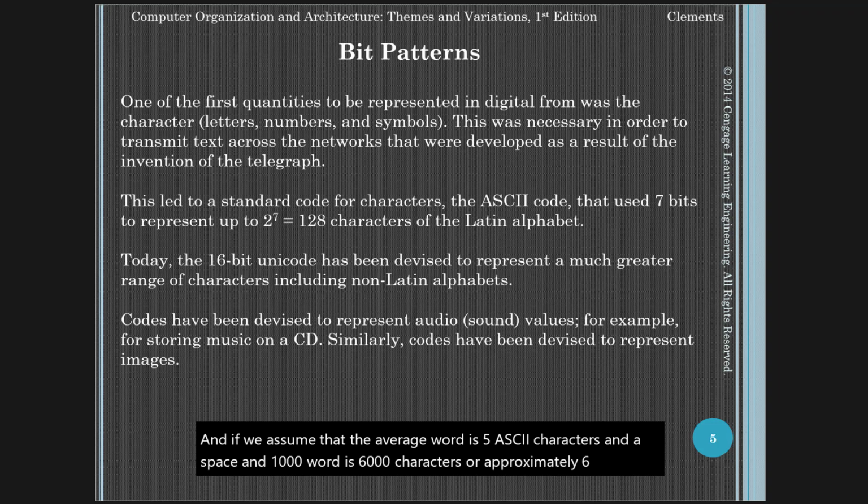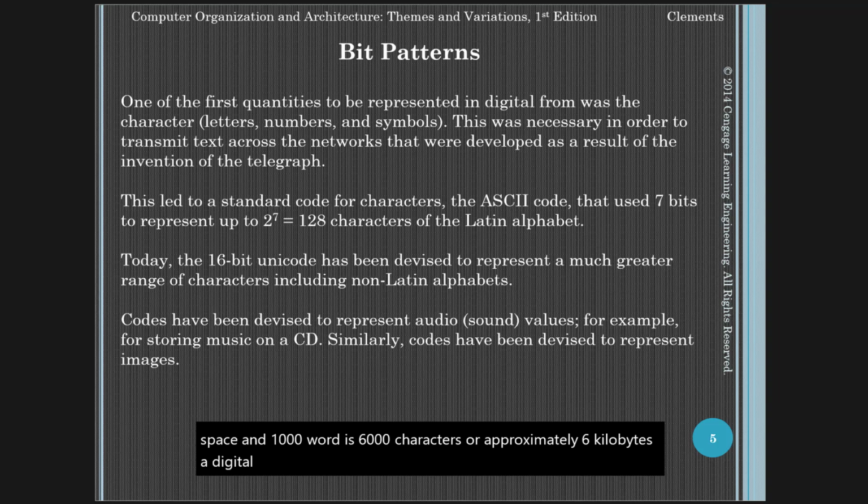A digital SLR camera with a full frame sensor can take a raw, unencoded image that's about 30 megabytes each. They say a picture is worth 1,000 words, but in this case, an image is worth 5,000 times more than 1,000 words.